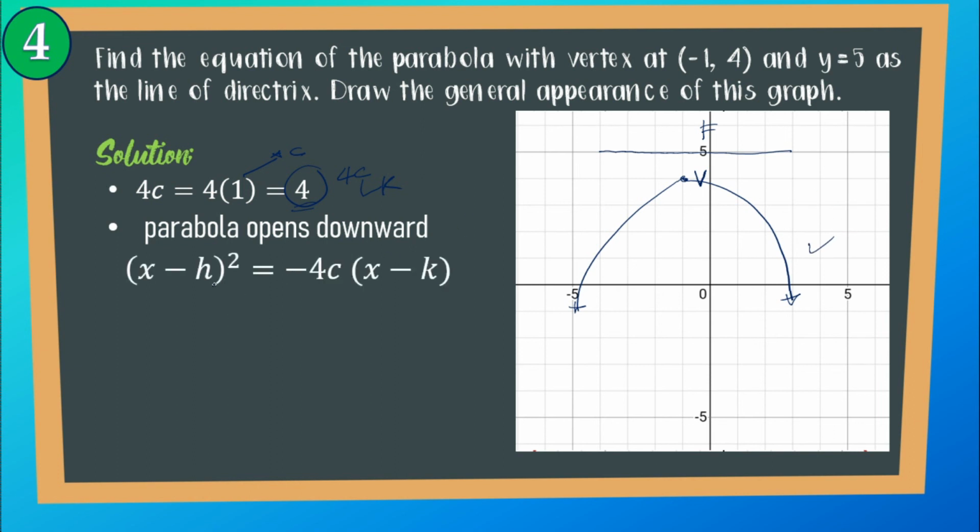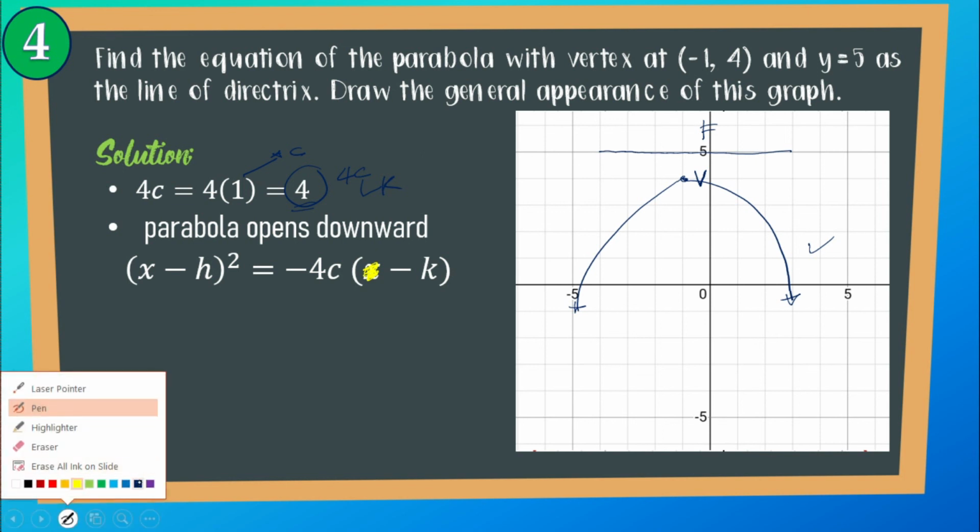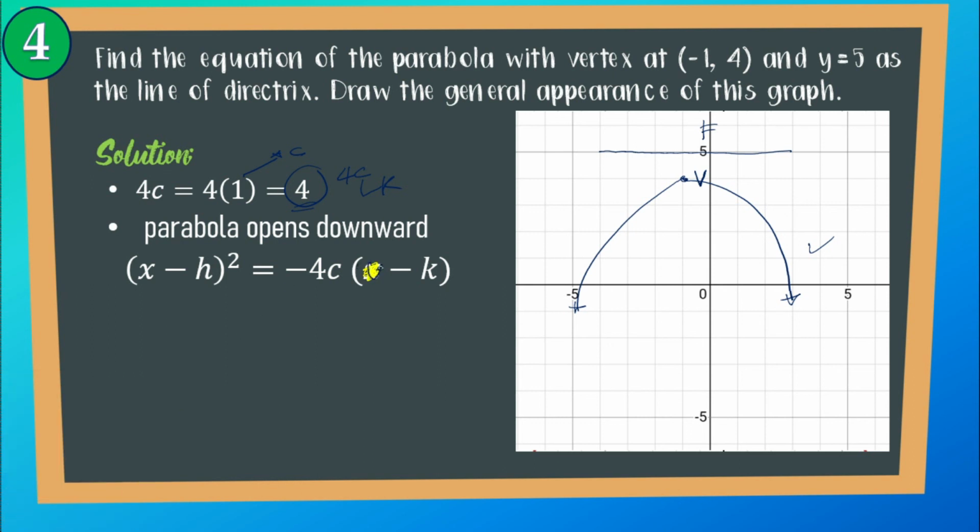Tapos, x minus h squared equals negative 4C times quantity. Sorry. May mali ako. Sorry. So, dapat yan is y. Okay?